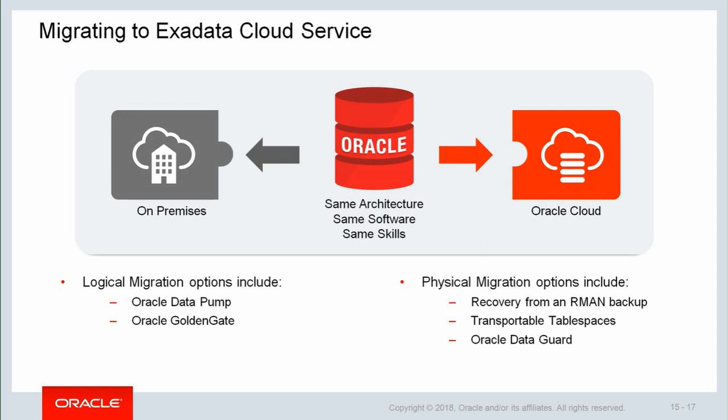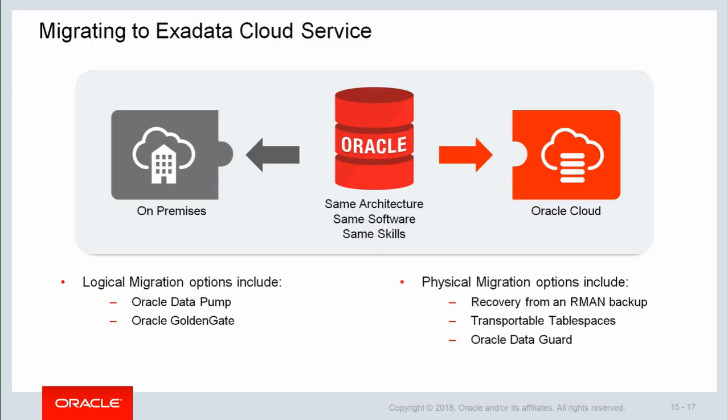And migrating to ExaData Cloud Service. You can migrate your database to the ExaData cloud environment. Because in the Oracle cloud environment, we use the same database architecture, same software stack, same skills.